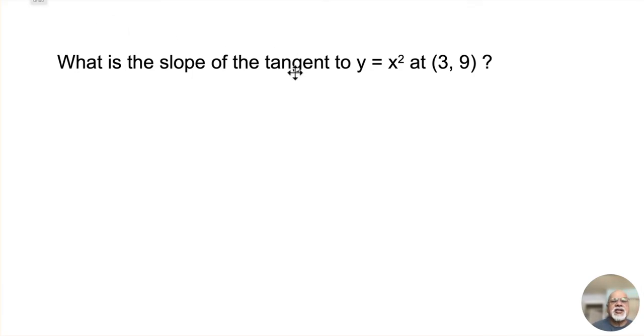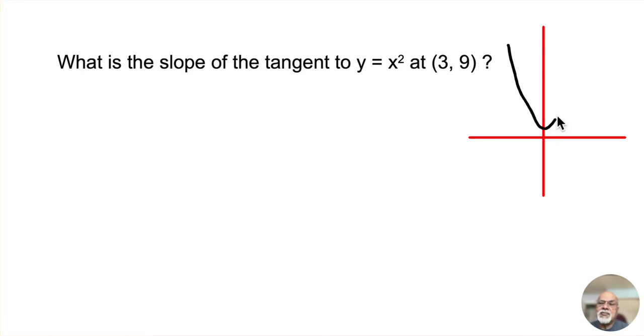What is the slope of the tangent to y equals x squared at 3, 9? Not that it's necessary, but I'm just going to draw a rough picture of what this looks like. Here's y equals x squared, roughly. I should go down a little further because it goes down through the origin.